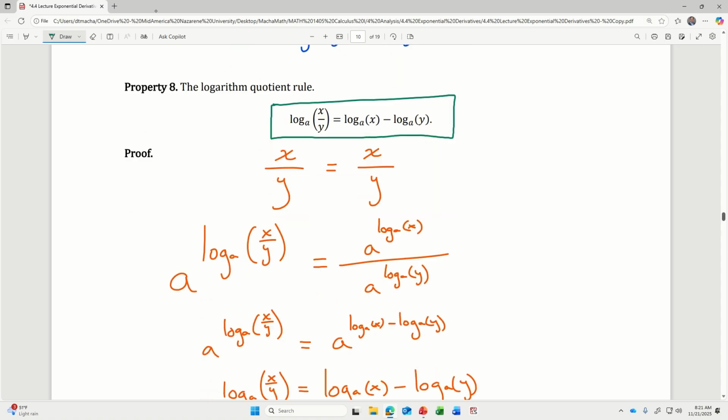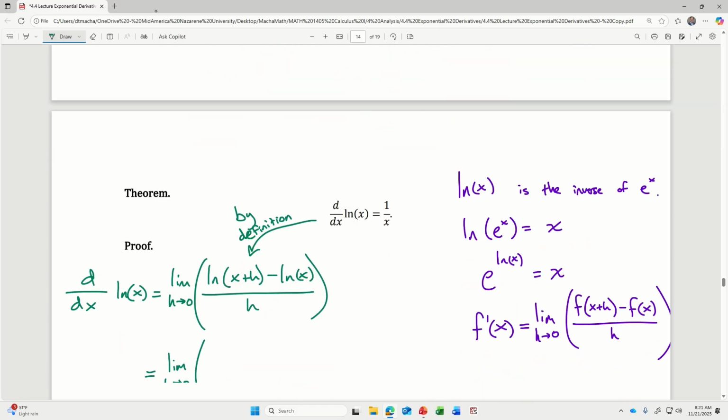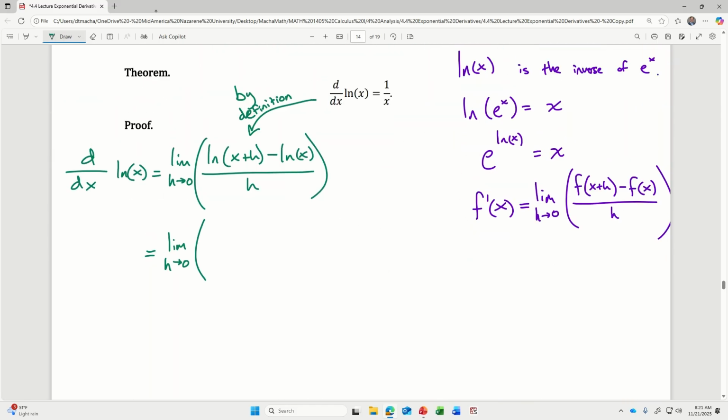Let's use my property number 8, logarithm quotient. And that's going to give me the natural logarithm of x plus h divided by x, all divided by h. So that's one of the reasons we discussed the entire way through the properties of logarithms.